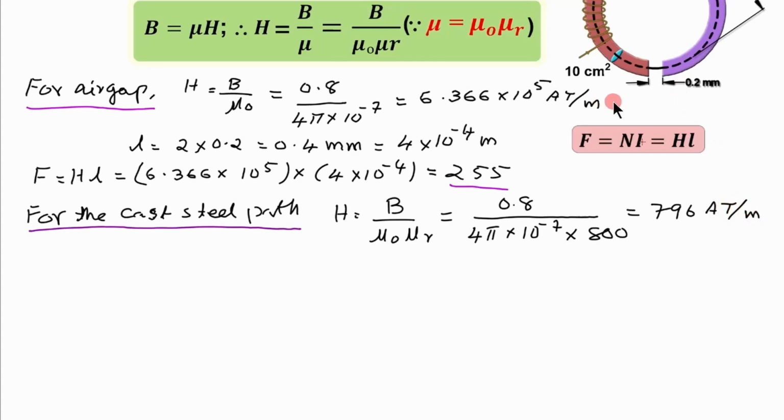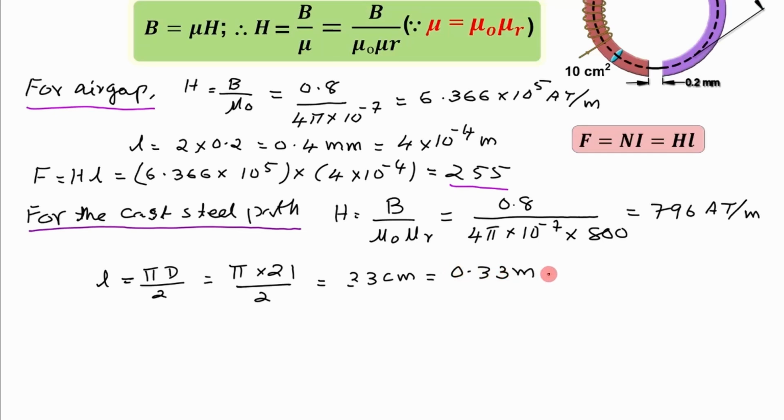Length of that cast steel path is L is equal to pi d divided by 2, that is equal to pi into total diameter 21 divided by 2, that is equal to 33 centimeter, which is 0.33 meter.